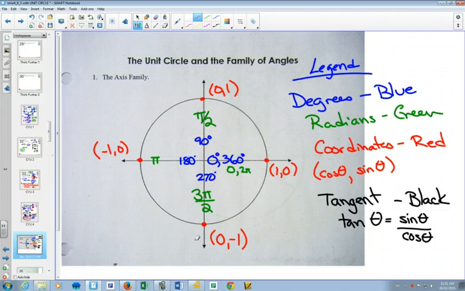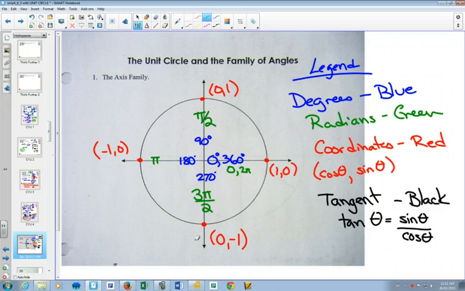Pick a volunteer. Hiroki. Minus 1. Now negative pi over 2 would start here and go in this direction. Can you see that it would be coterminal with 3 pi over 2? And since we're figuring out sine, we would look at the y-coordinate.